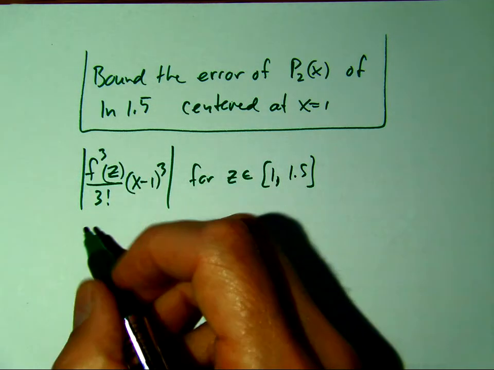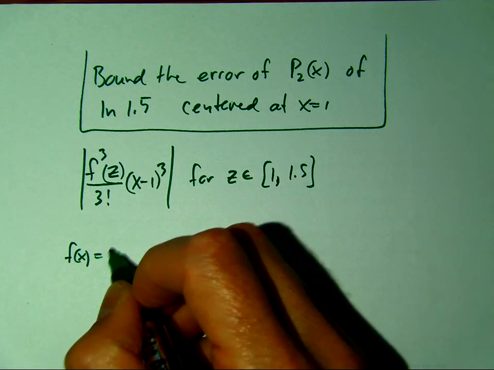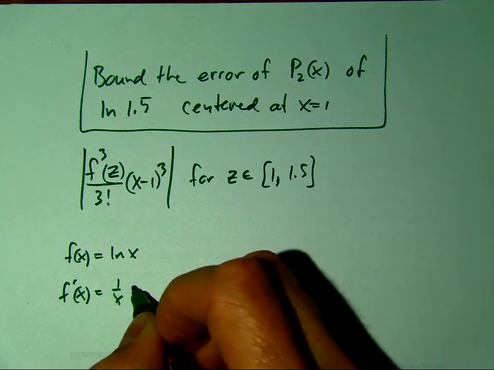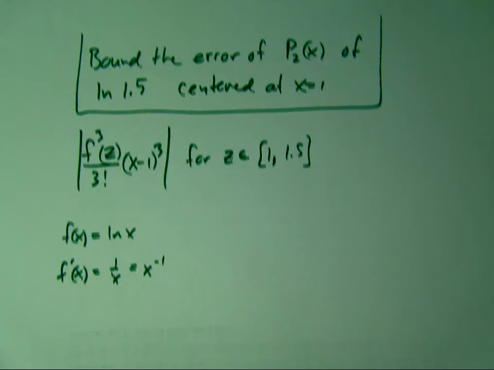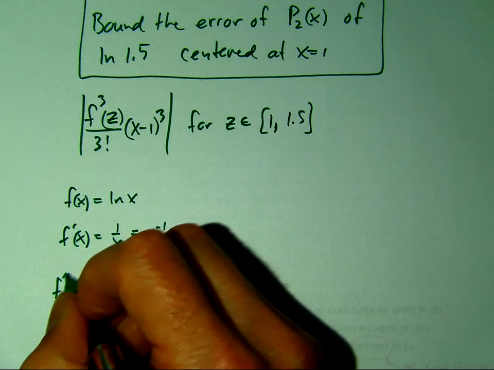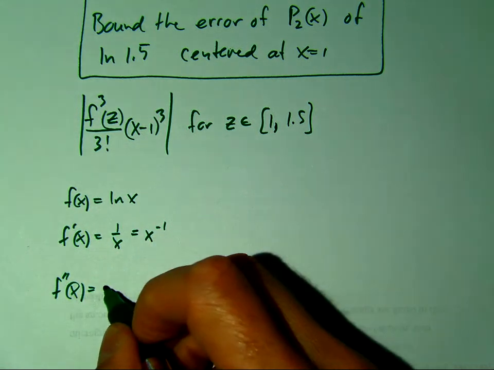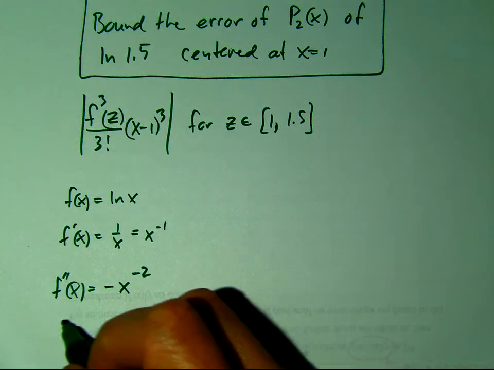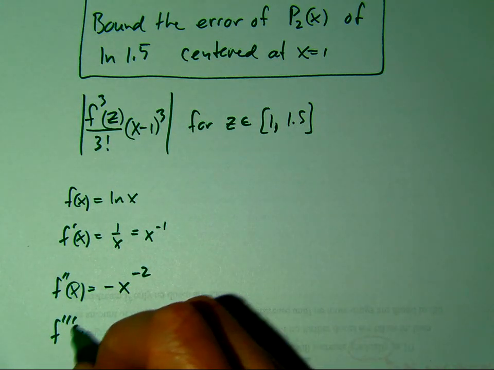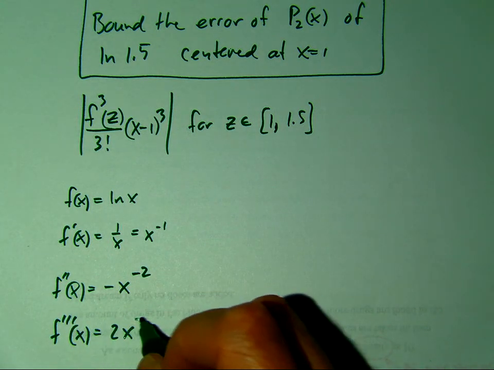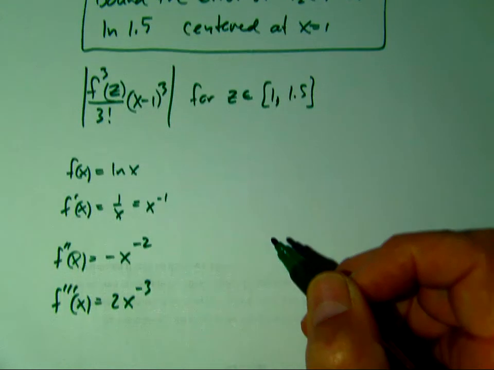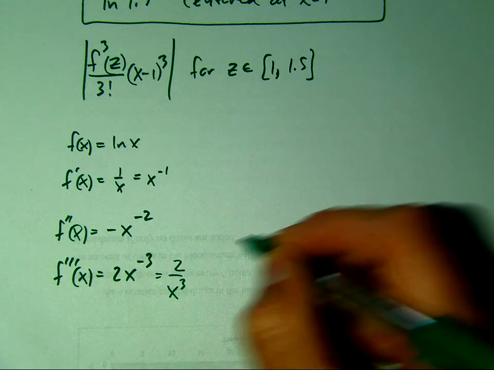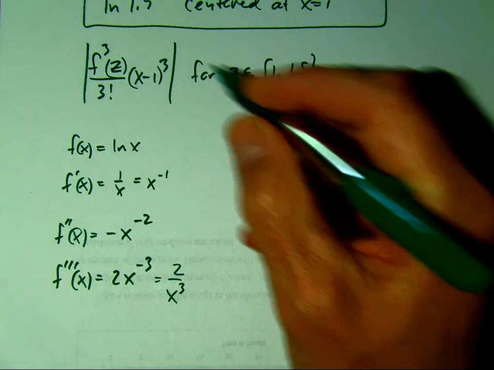So f of x, f prime, and we get negative x to the negative 2, and then the third derivative is 2 over x cubed.